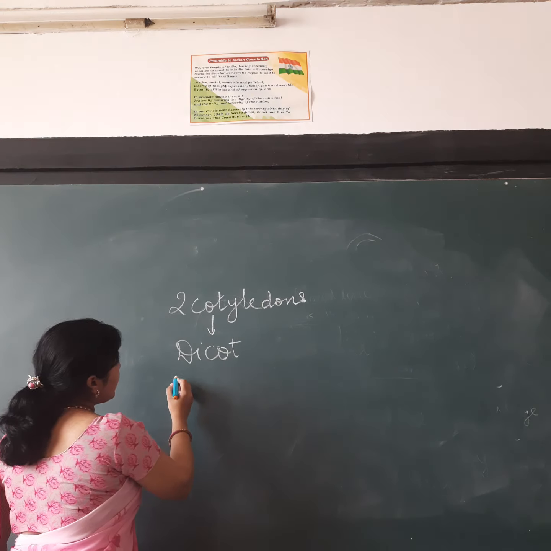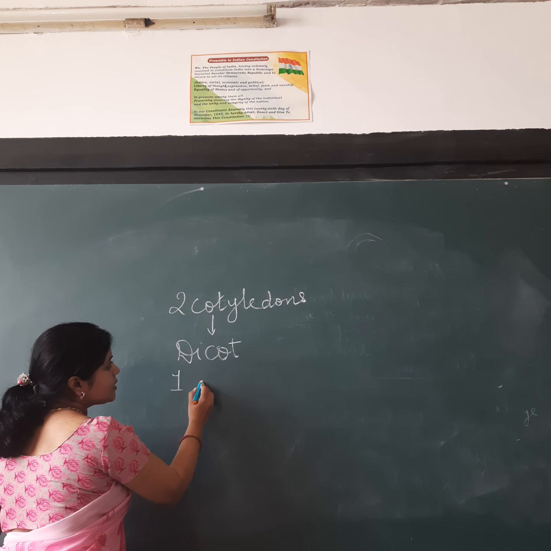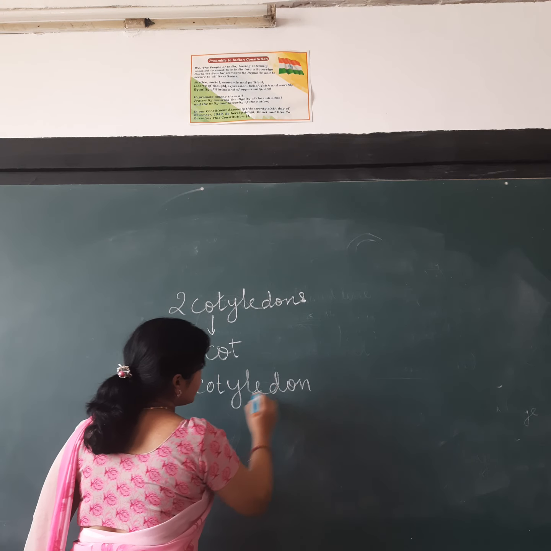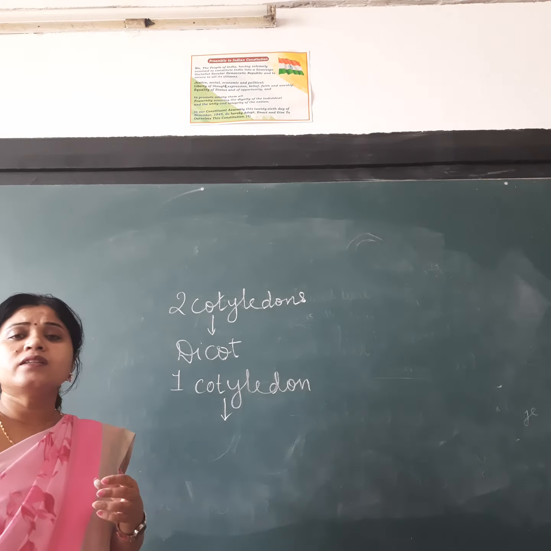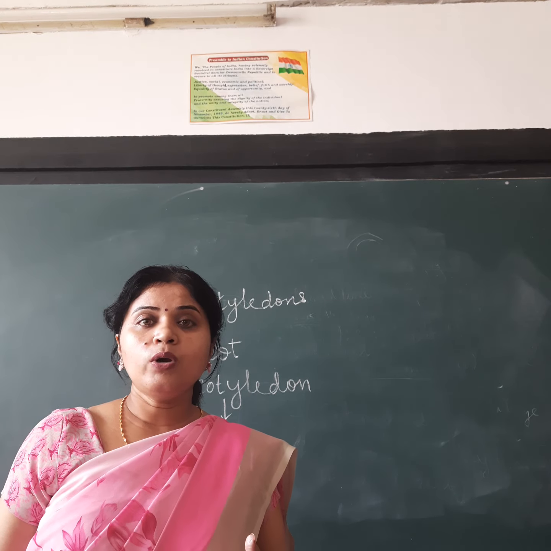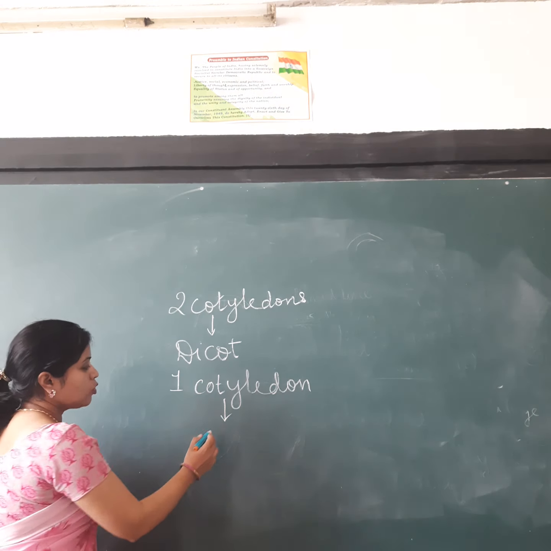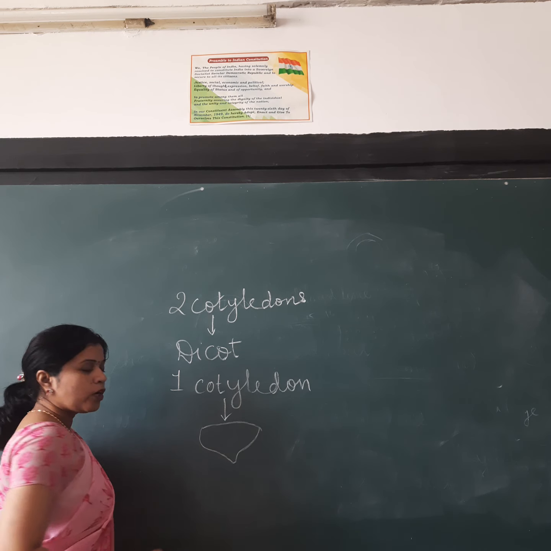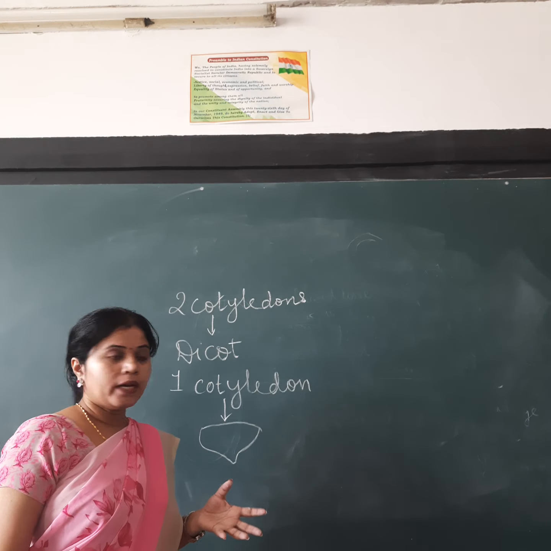And if the seed has one cotyledon, for example the seed of maize, you might have seen the structure of the maize, it looks like this. Whatever the condition, you cannot open the seed into halves.